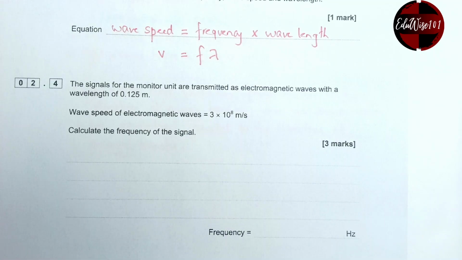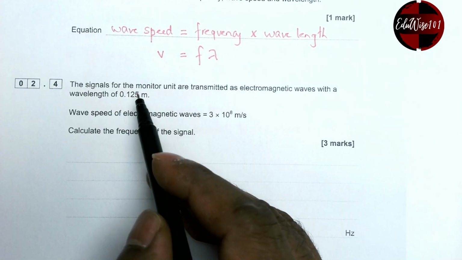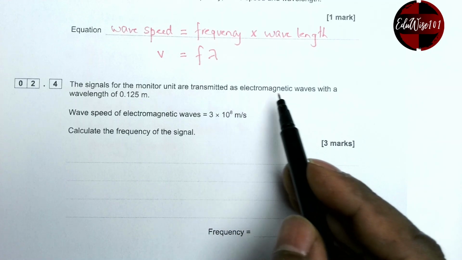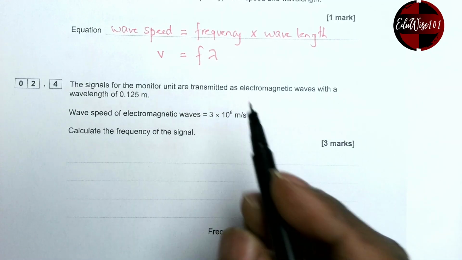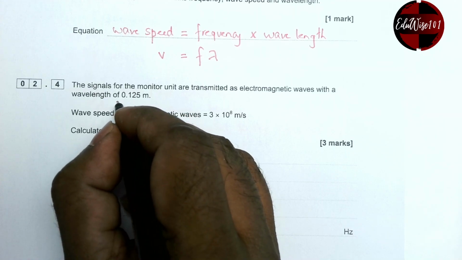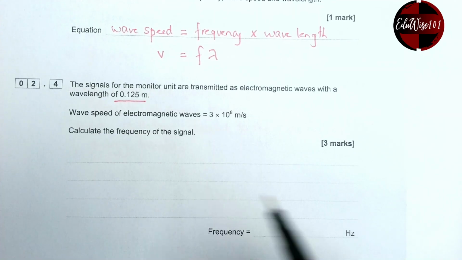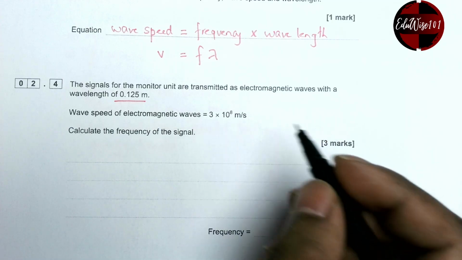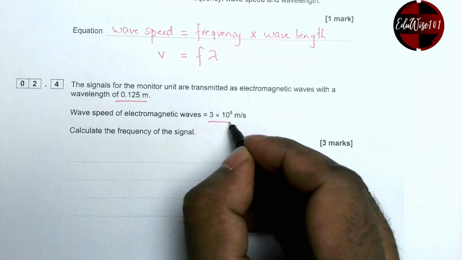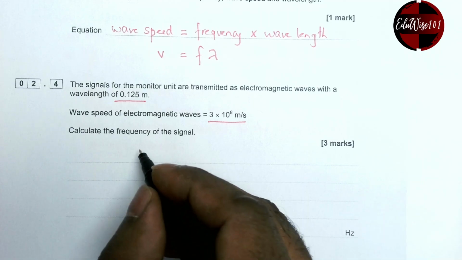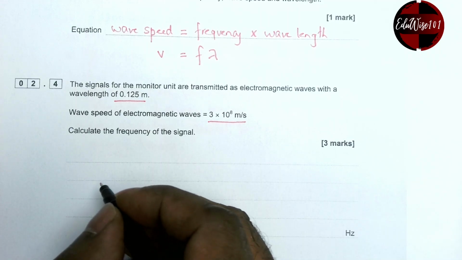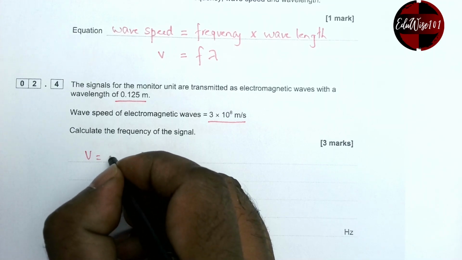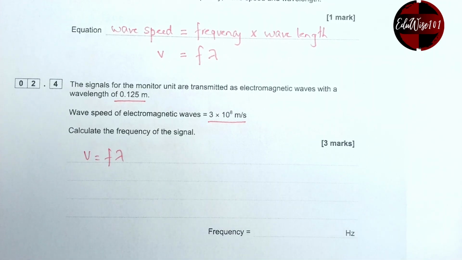Question 2.4. The signals for the baby monitor are transmitted as electromagnetic waves with a wavelength of 0.125 meters. Wave speed of electromagnetic waves is 3 times 10 to the power 8 meters per second. Calculate the frequency. So V equals F lambda.